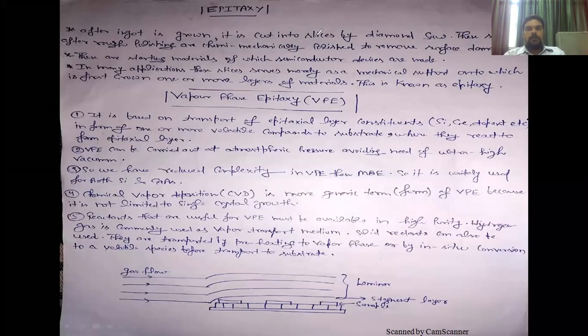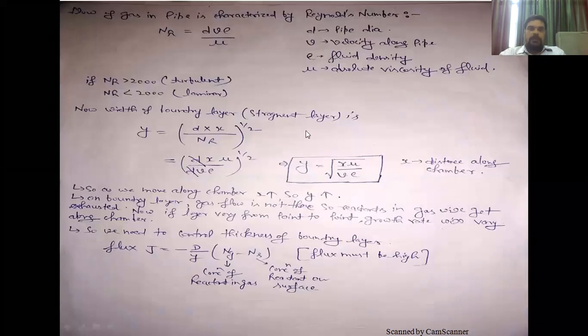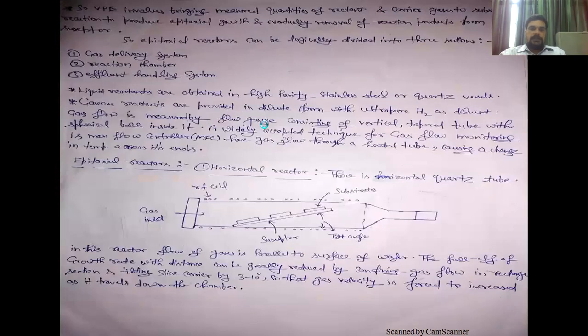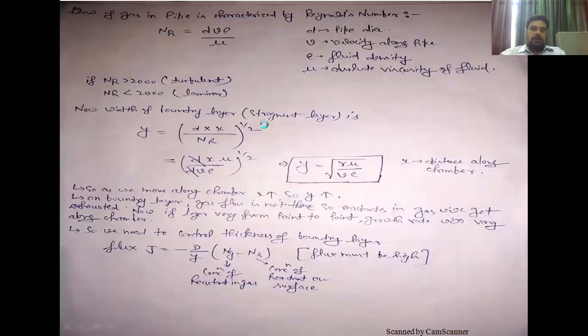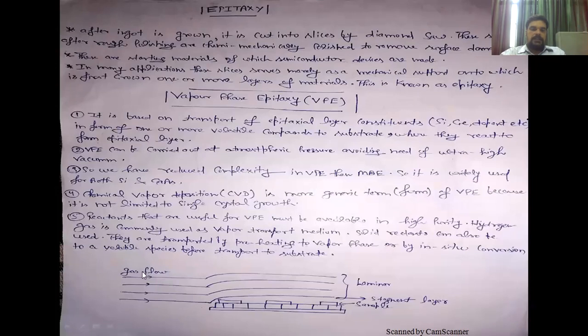The formula used to make sure that this is the laminar flow of gas is the Reynolds number. Reynolds number is defined as D V rho upon mu. What is D? Whatever gas is flowing, these gases are flown in pipes.